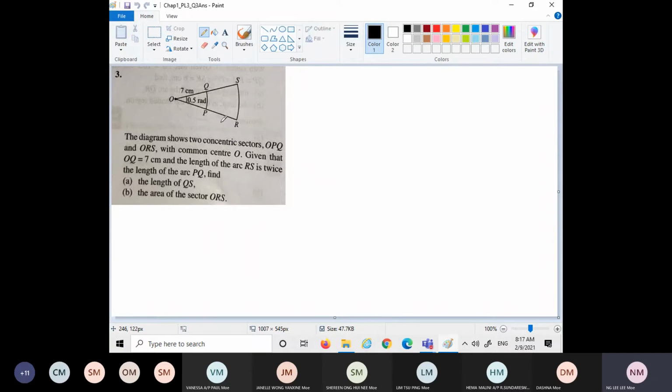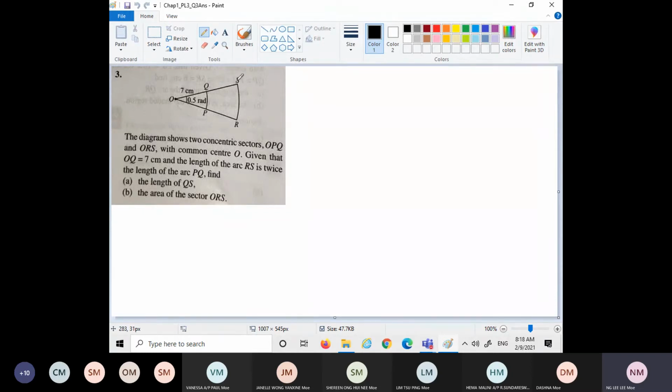The diagram shows two concentric sectors OPQ, ORS, which means they have the same center O. Given that OQ is 7 and the length of the arc RS is twice the length of the arc PQ, find the length of QS.